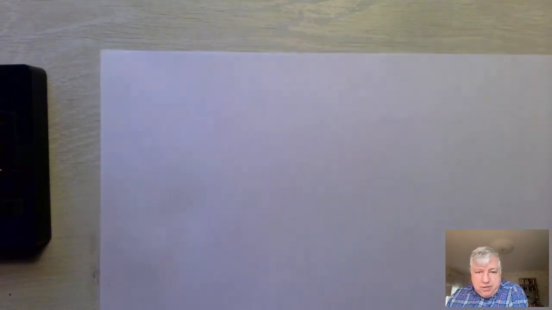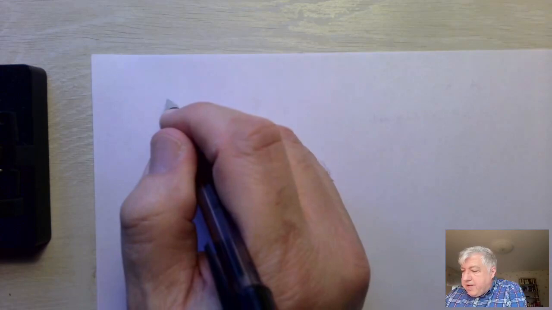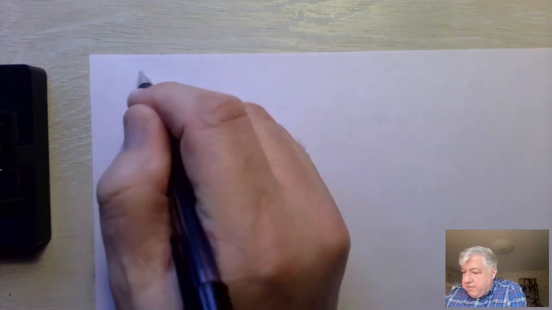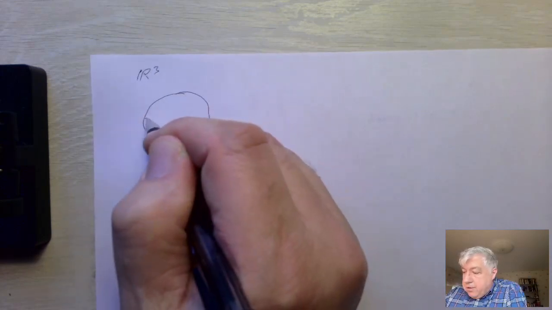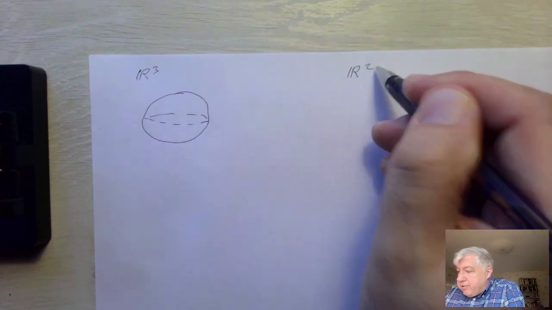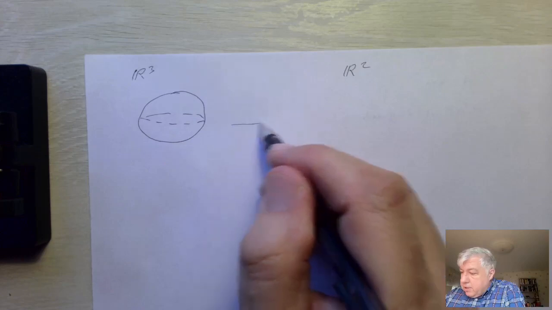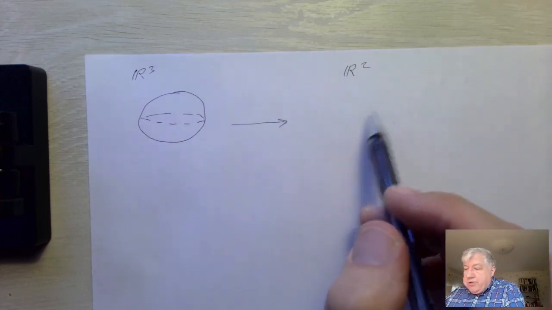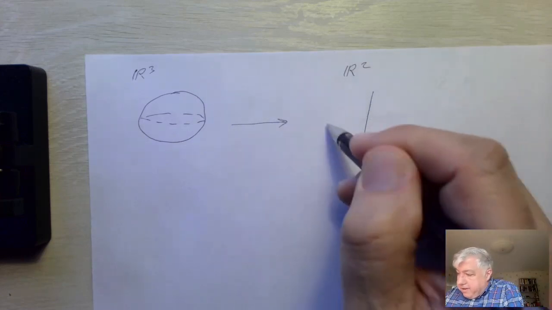What is basically going on here is, let's say we're in R^3, and our matrix is 3 by 2 or 2 by 3, something like that.